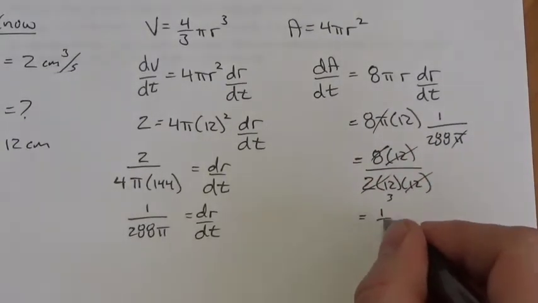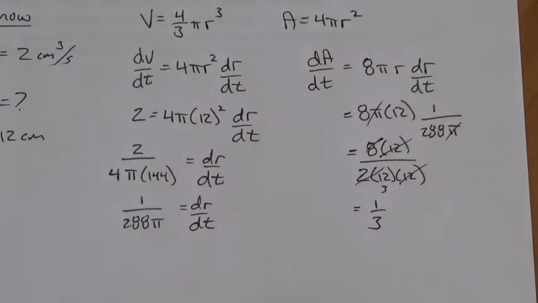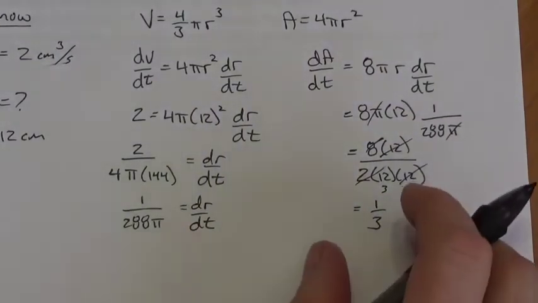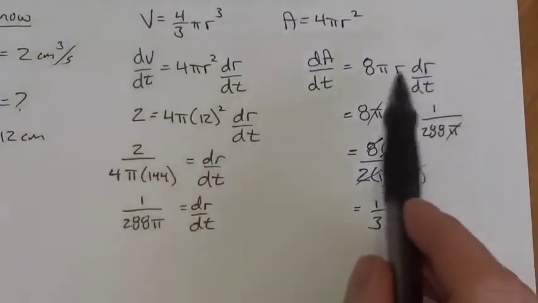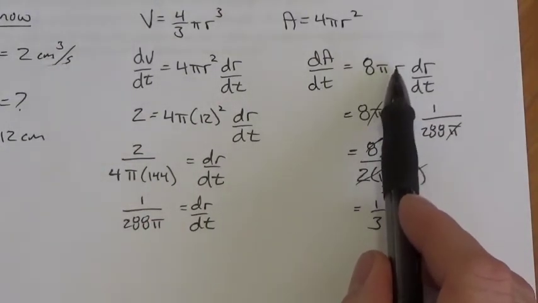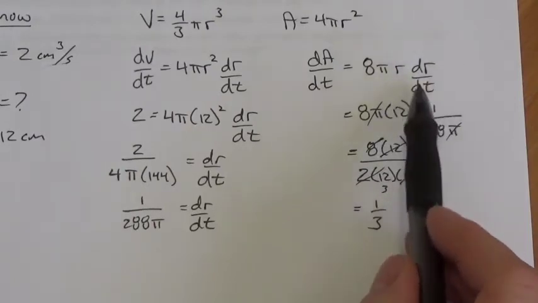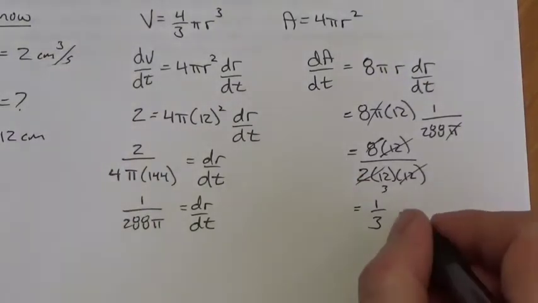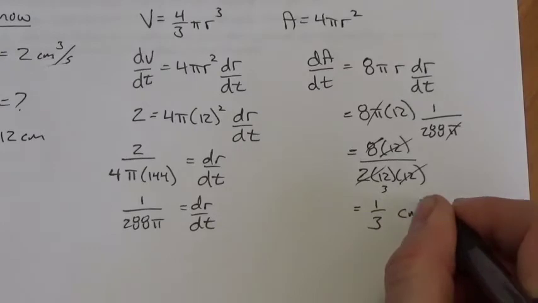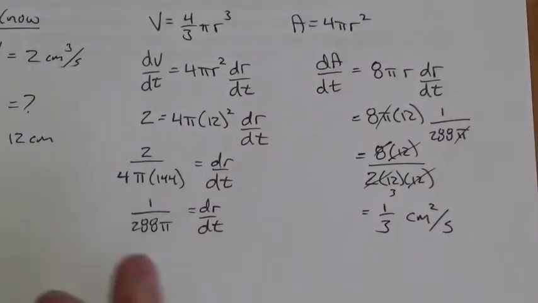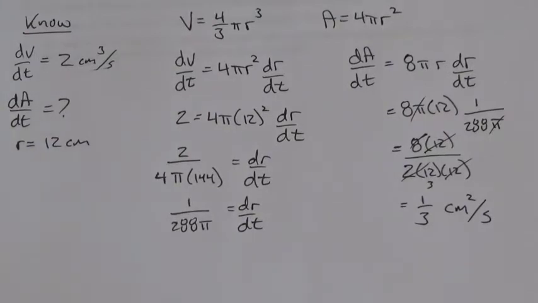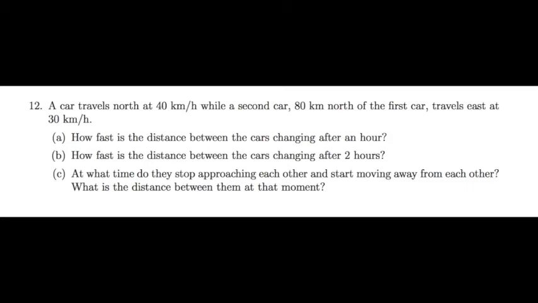So I'm left with just a 1/3 when all is said and done. Now, bear in mind that my dA by dt is in terms of r, which is in centimeters, and dr by dt, which is in centimeters per second. So this is going to be 1/3 of a centimeter squared per second. That's the rate at which the area is changing at the moment the radius is 12 centimeters.